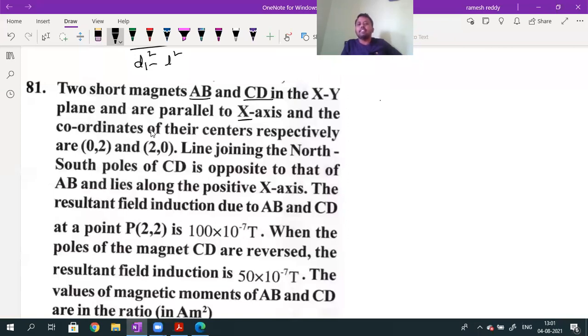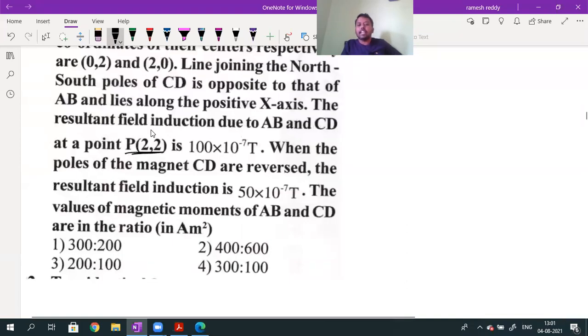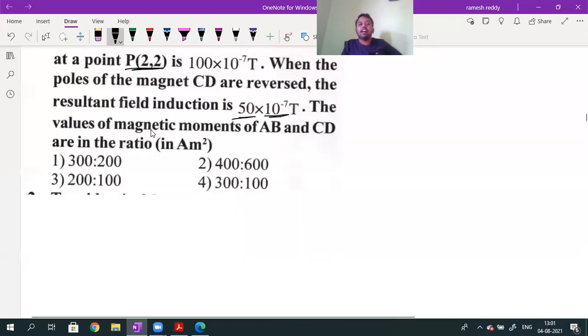The resultant magnetic field induction due to AB and CD at a point P is 100 × 10^-7 Tesla. When the poles of magnet CD are reversed, the resultant magnetic field induction is 50 × 10^-7 Tesla. Then the magnetic moments of AB and CD are in what ratio?